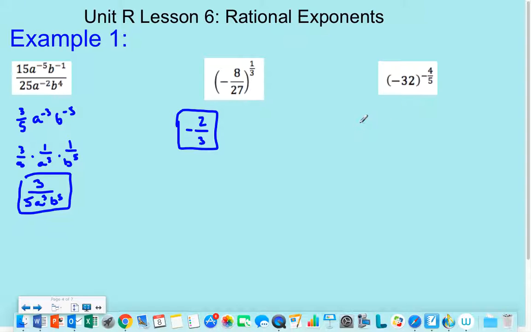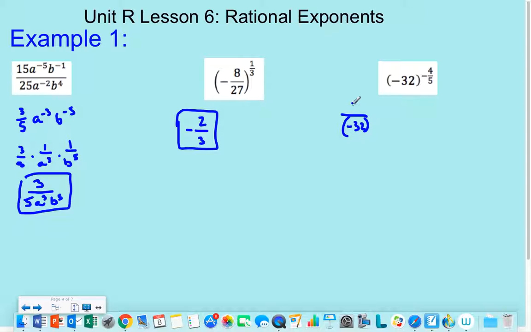I did want to throw one more on here. I don't think this one's in your toolkit, but it's a good one because this one doesn't have just a 1 in the numerator. It's got a 4. And so the way we're going to treat this is we're going to say it's negative 32 to the negative, or I guess, sorry.